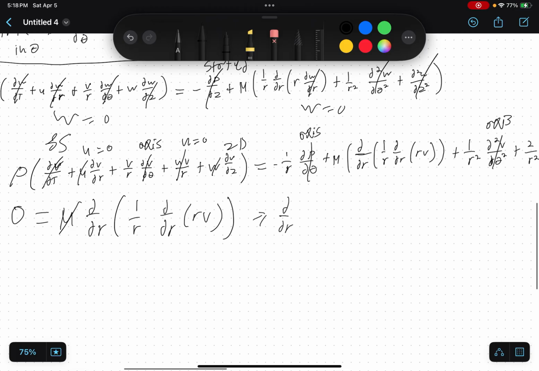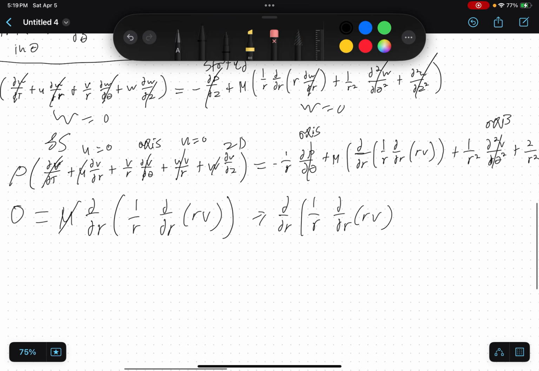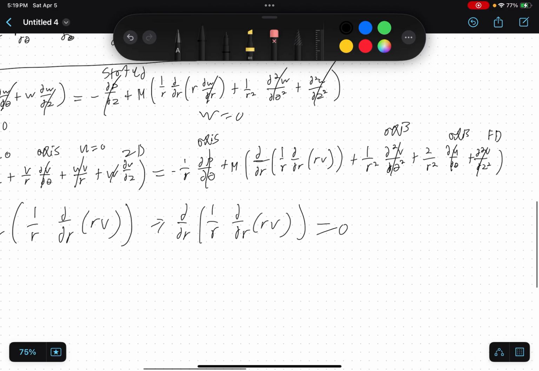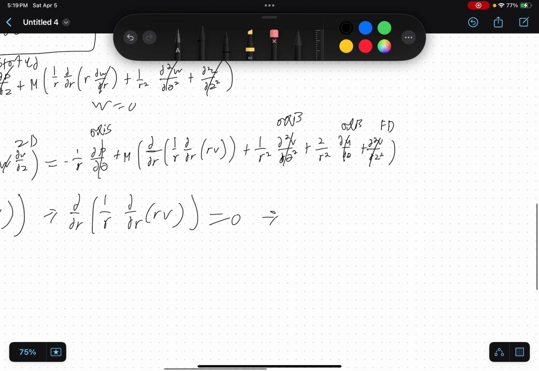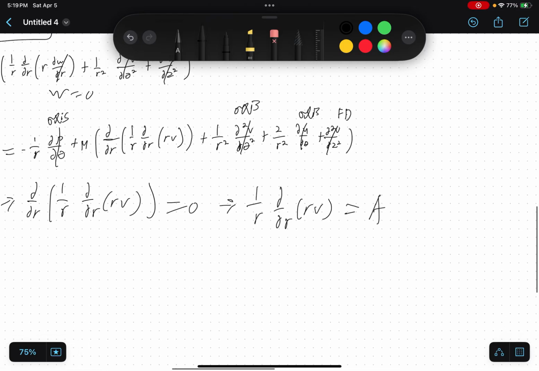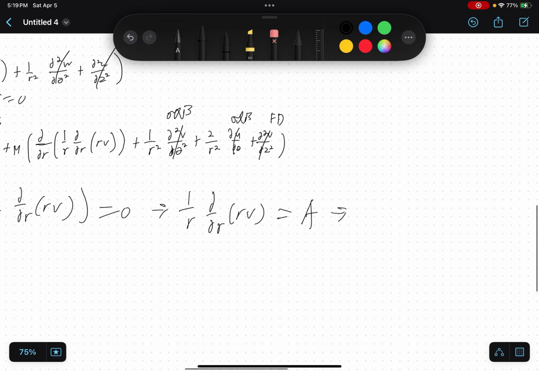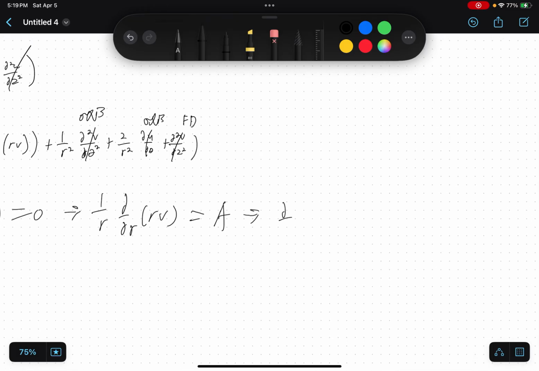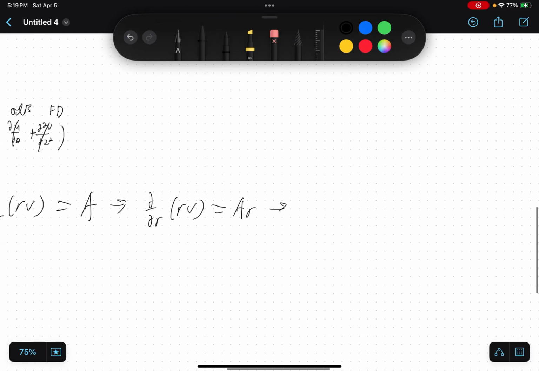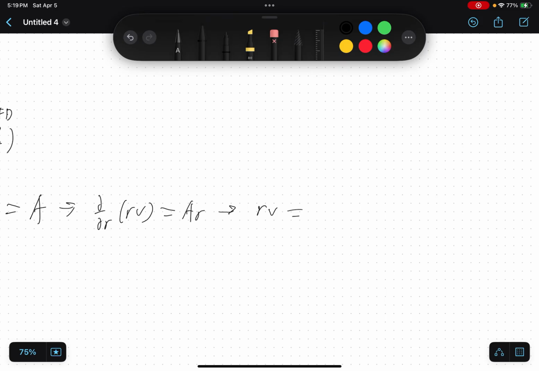So d/dr of 1 over r d/dr of rv equals 0. Integrate both sides, and we end up with 1 over r d/dr of rv equals a constant, I'll call it a. Multiply both sides by r, so d/dr of rv equals ar. Integrate again: rv equals 1/2 a r squared plus b.